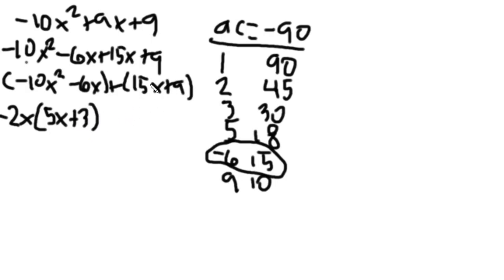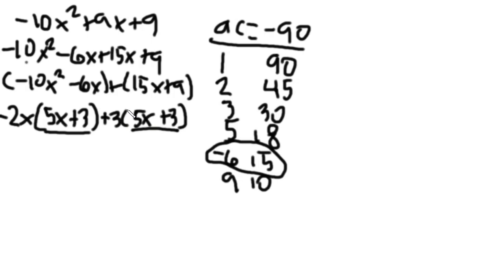Going over here now, between 15x and 9, they have a 3 in common. 15x divided by 3 is 5x, and 9 divided by 3 is 3. Notice that my 5x plus 3 and 5x plus 3 are the same.